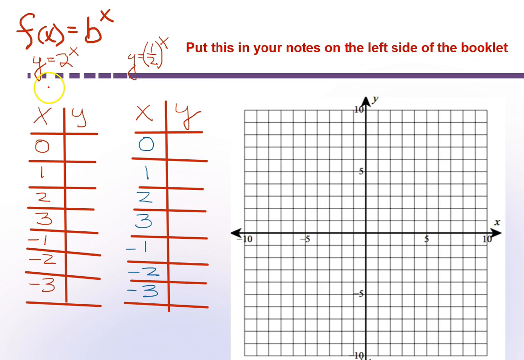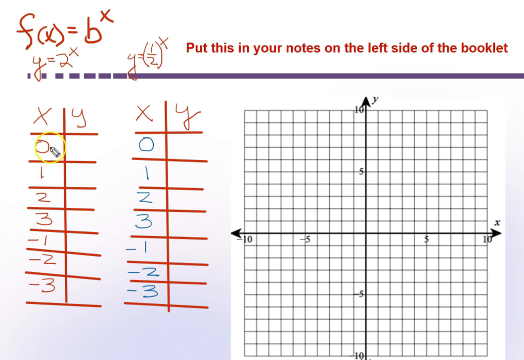And we're going to physically do some t-charts so you can get some background on how this is done. So we're going to have y equals 2 to the x power, and then in blue we'll have y equals 1/2 to the x power. And we want to see what kind of graph is going to be made when we do this.